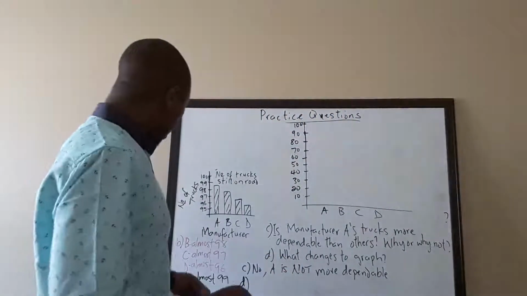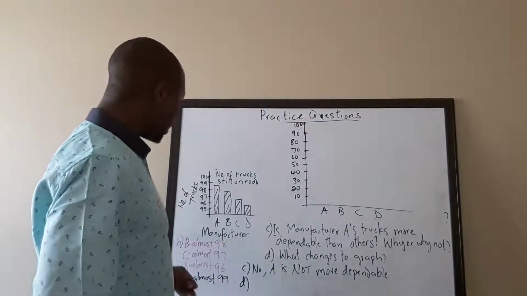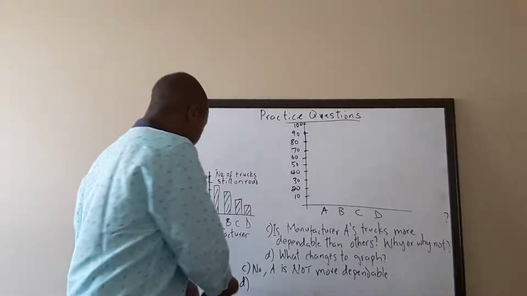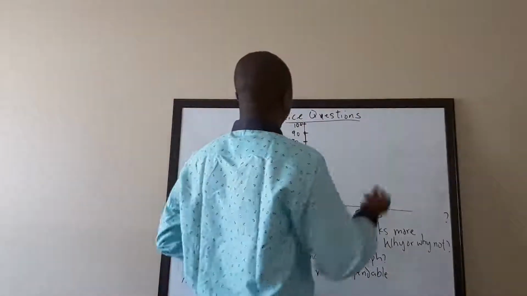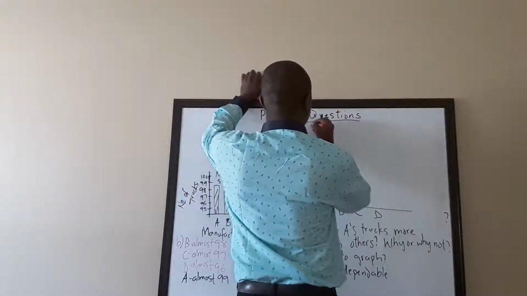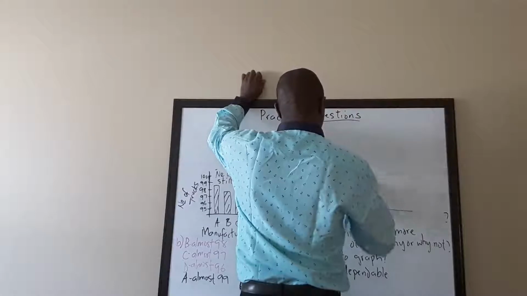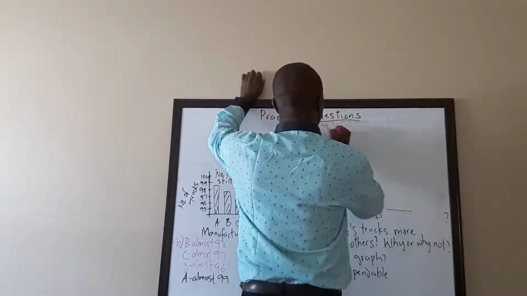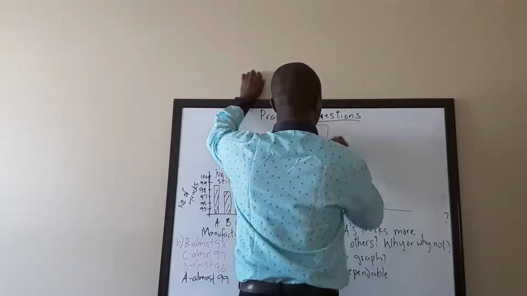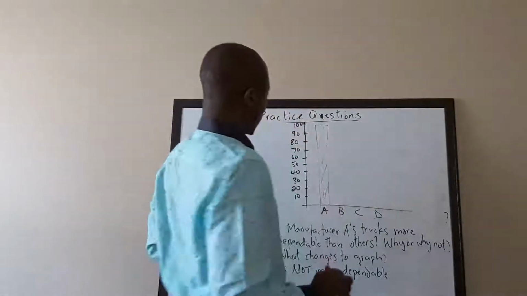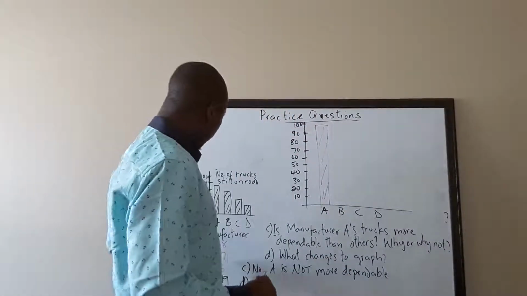Alright, so manufacturer A is almost 99. Manufacturer B is almost 98.